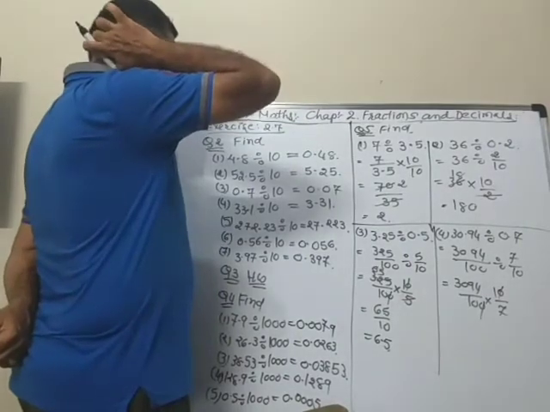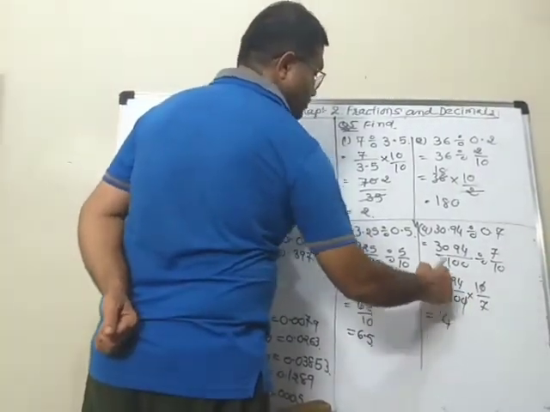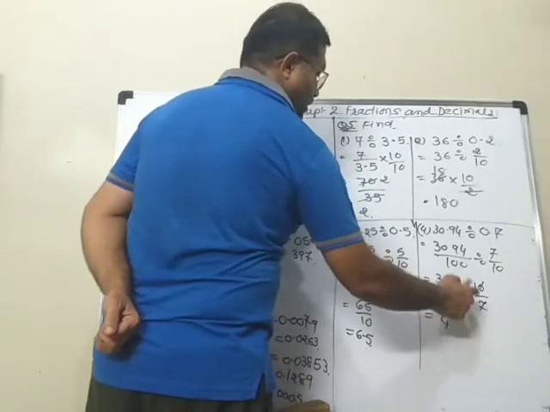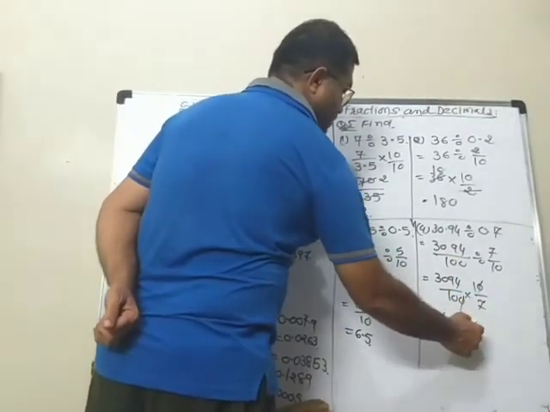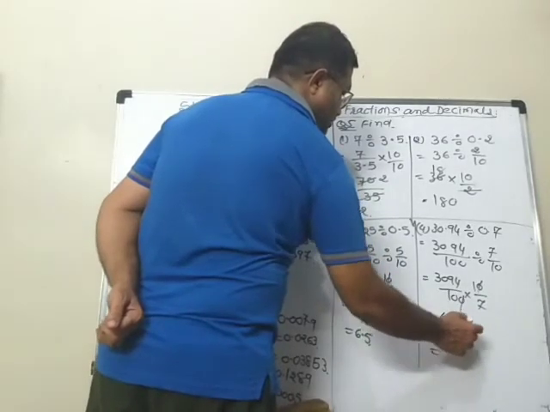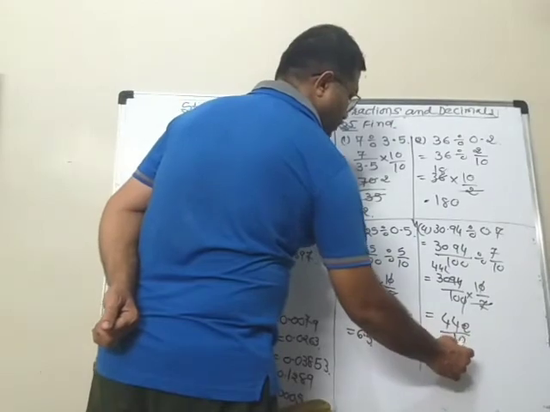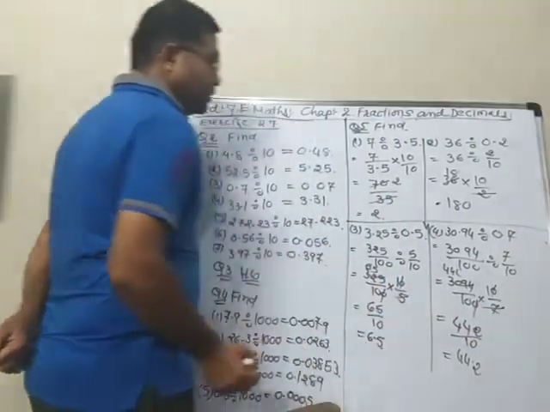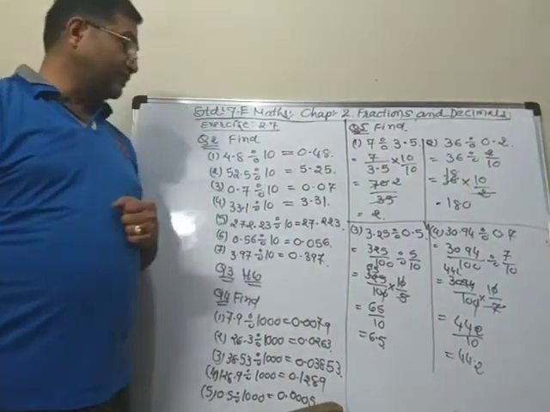So now we have to divide. 7 4s are 28. Again 7 4s are 28. 7 2s are 14 upon 10. So it is equal to 44.2. So by this way also we can do this sum.